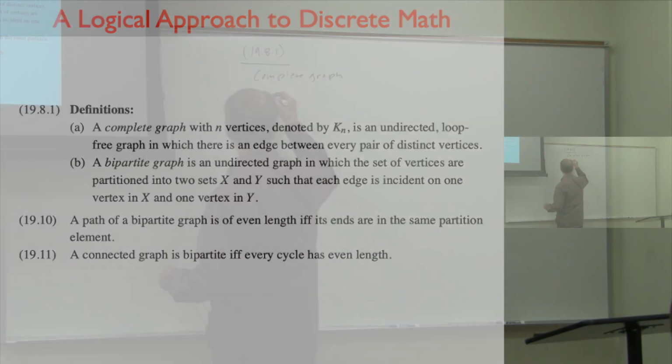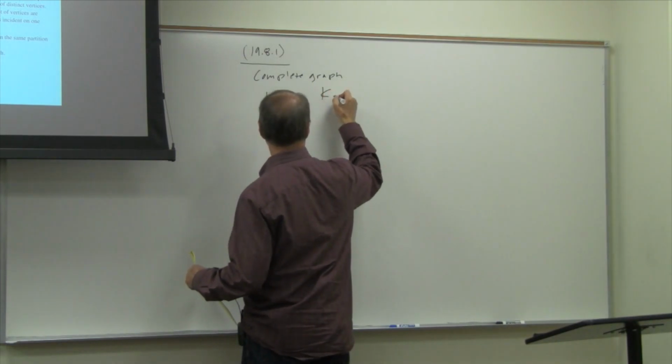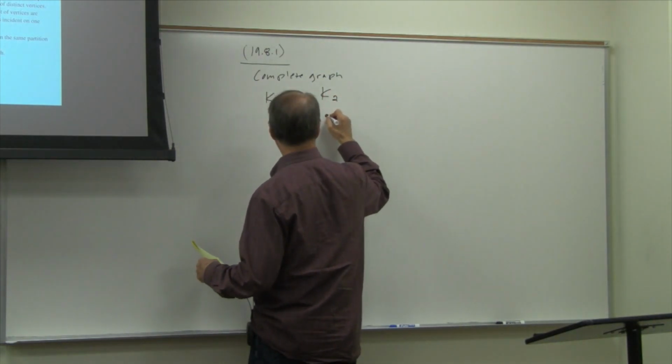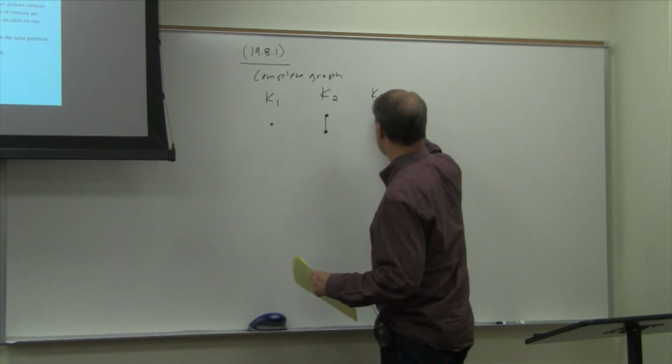So I'm going to give you K1, this graph. K2 is this graph. K3 is this graph.